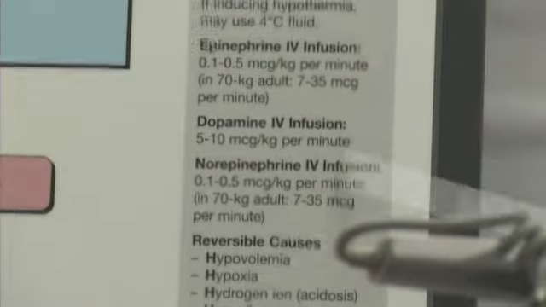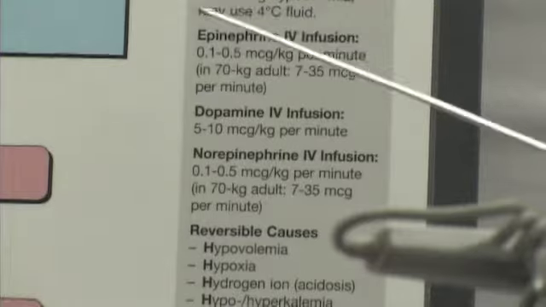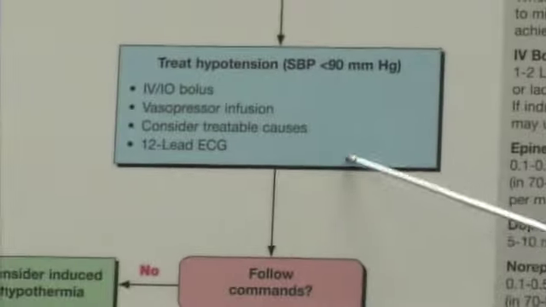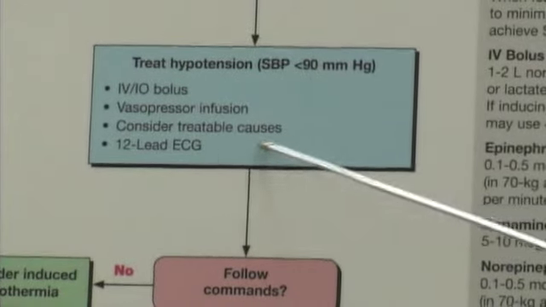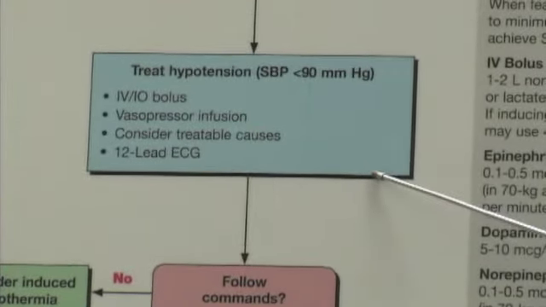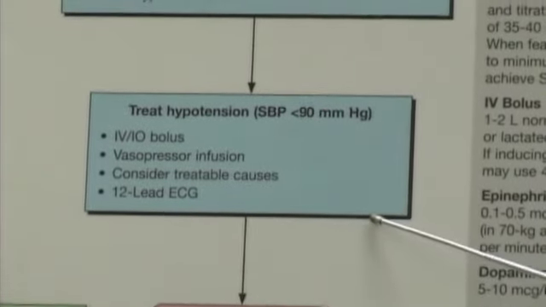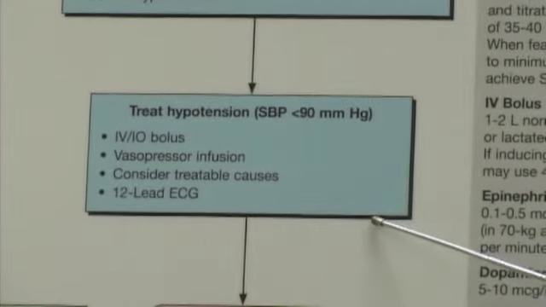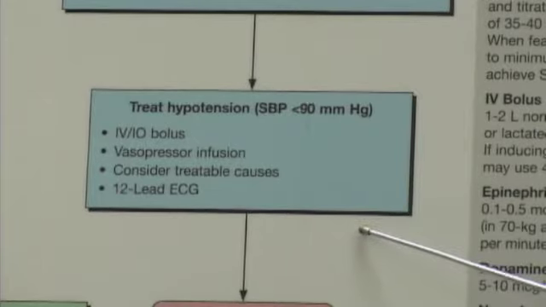So once we get those started, we've bolused them or we've given the vasopressor, our blood pressure hopefully is above 90. We need to order a post-resuscitation EKG, chest x-ray, and lab work, blood gas, cardiac enzymes, anything and everything you can think of, just order it at this point in our post-resuscitation phase.